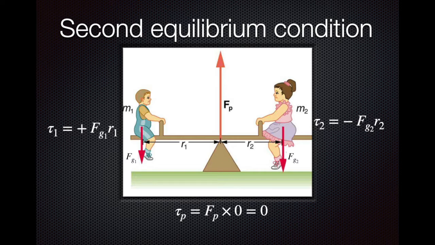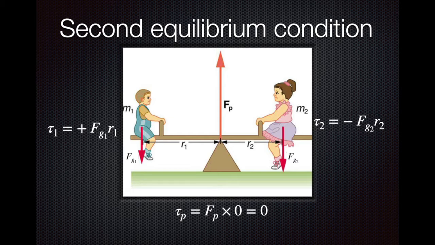So we have a pivot in the middle, and that's where the object's going to rotate around, if it's going to rotate at all. And there's going to be some force from that pivot. But if we look at the calculation below the picture, we can say the torque from the pivot is whatever that force is times the distance from the pivot point.